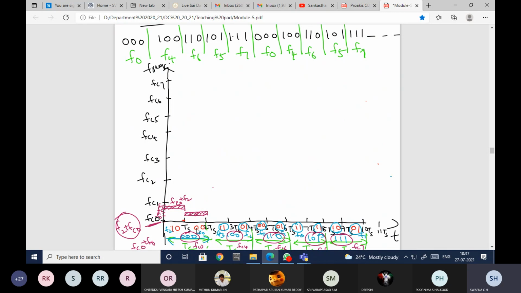In this frequency, this 0, 0 will be transmitted. Then FC4 plus F0, and in the same way FC4 plus F3. So for FC4 we have F0, F1, F2, F3, and FC4 plus F3 is somewhere here.